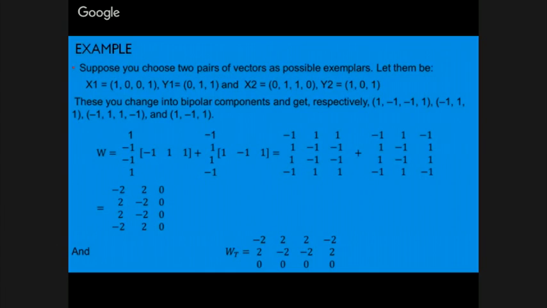Then similarly for x2, y2, when we multiply the column vector with the first element 1, we get the first column of the weight matrix. Then we multiply it with minus 1 to get the second column. We again multiply it with the third element to get the third column. And finally we add. So when we add, the weight matrix is minus 2, 2, 0, 2, minus 2, 0, 2, minus 2, 0, and minus 2, 2, 0.